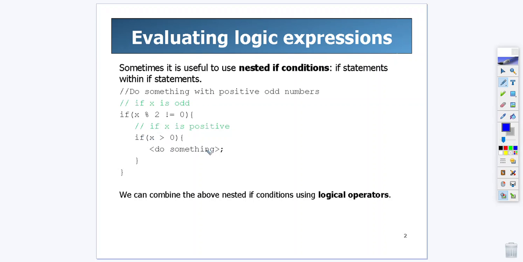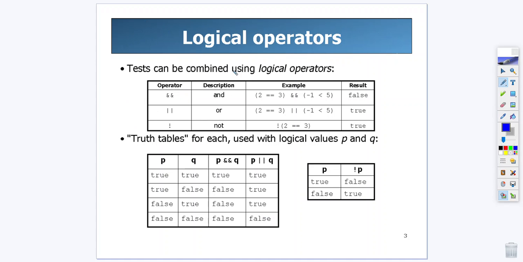Now that's all well and good, but there is another way of combining this into something a little simpler, and that's through the use of logical operators. We have 3 logical operators. When you have 2 ampersands, like you do here, we call that AND. The AND logical operator will evaluate to true or false.